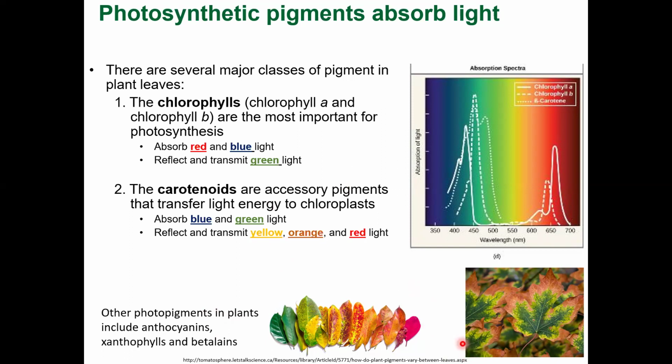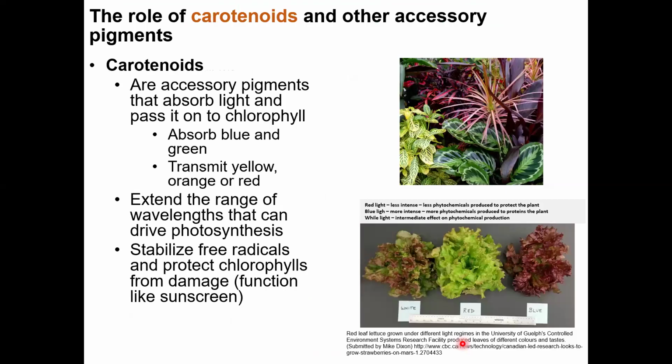Some other pigments in plants include anthocyanins, xanthophylls, betalains, and so on.